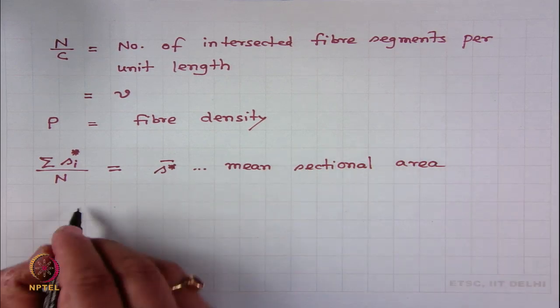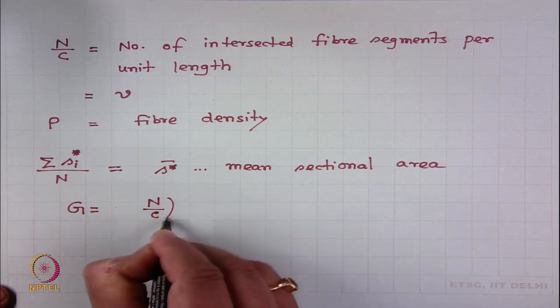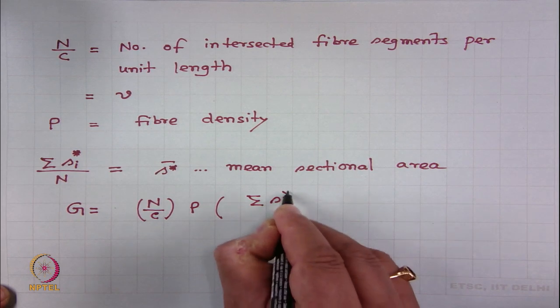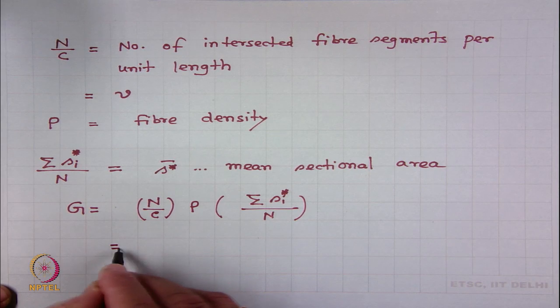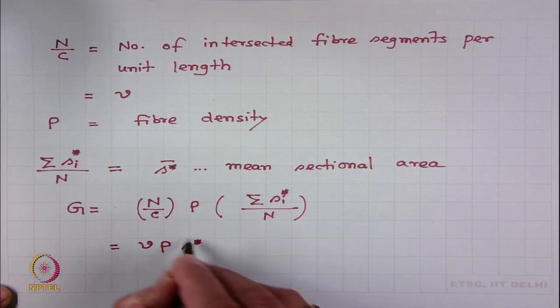So, our earlier expression we write as nu rho S star bar.